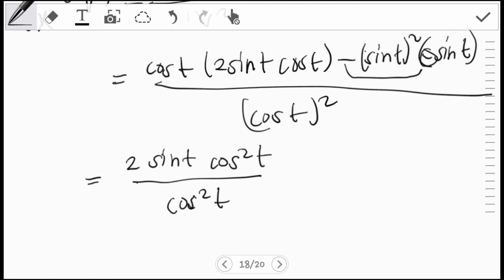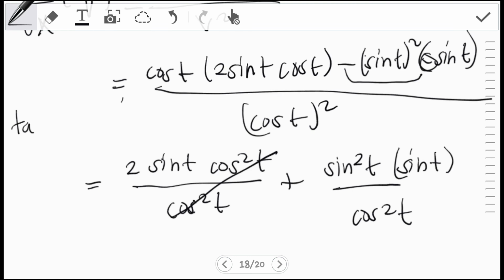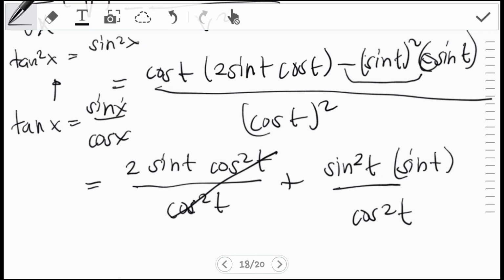So negative times negative, that is positive. So plus sine squared t times sine t over cosine squared t. Take note that the equivalent of tan x is equal to sine x over cosine x, the same as tan squared x is equal to sine squared x over cosine squared x.